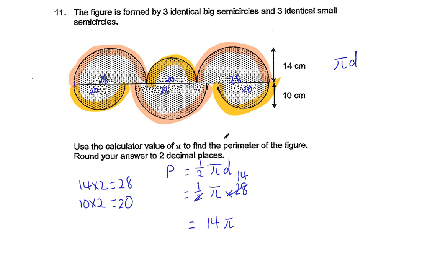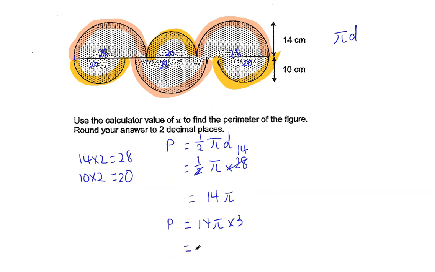Now there's 3 here, so we need to multiply it by 3. The perimeter will be 14 pi times 3, and we will get 42 pi. Now we are done with the large semicircles. The next one will be the small semicircles. For a small semicircle, we do the same, half pi d, where d, the diameter, is 20.